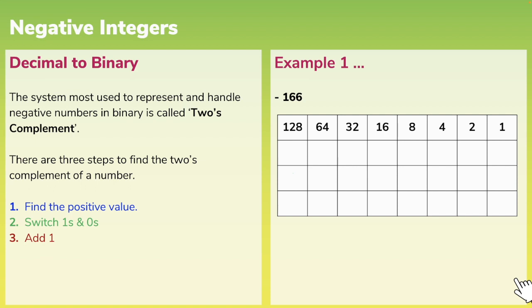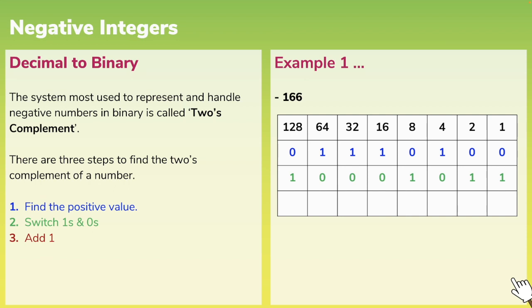So in an example, we're looking to find negative 166 in binary. We start by finding the binary number for 166, which is 10100110. We then switch the 1s and the 0s, and that means any 0 becomes a 1 and any 1 becomes a 0. And lastly, we add 1.